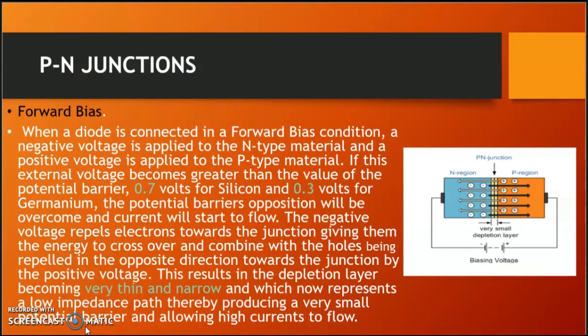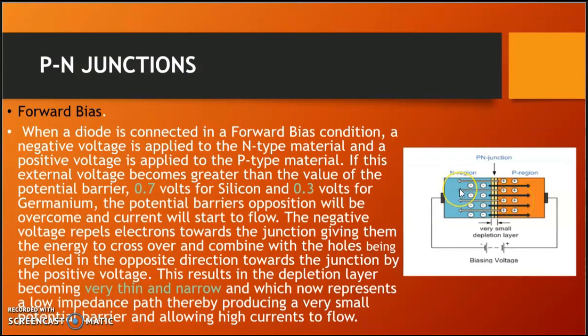So because of this we are connecting the N-type to the negative electrode and the P-type to the positive electrode. Now the repulsion is happening inside, at the top, that is where the diode is, because now they all have positive charges. They are repelled by the positive electrode to the P type and the negative to the N type. So now they tend to attract themselves, so they gain energy to cross.